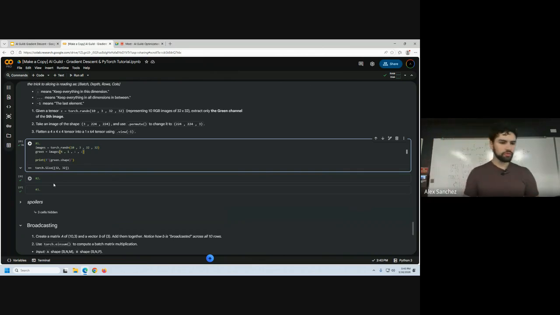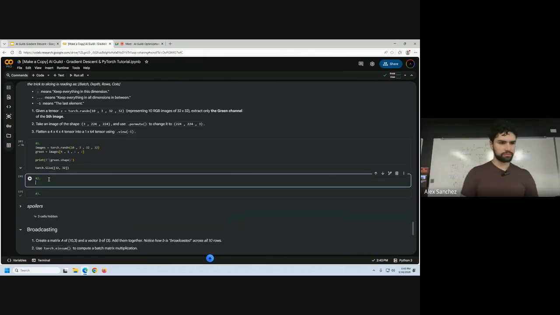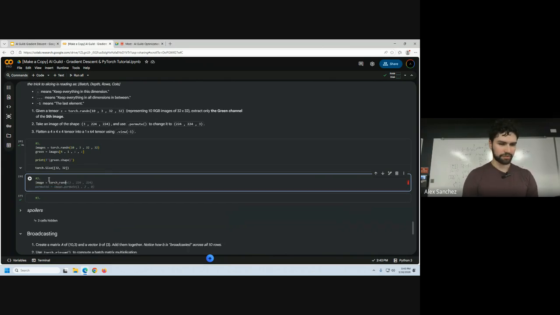And for 2, here we're going to use permute to change an image of shape 3 by 224 by 224, flip it around and have it be 224 by 224 by 3. So let's first declare the image again. We're randomizing the image ourselves, so 3, 224, 224. This is us declaring the dimensionality.